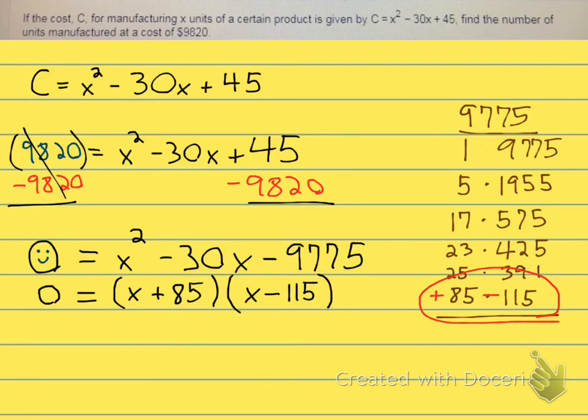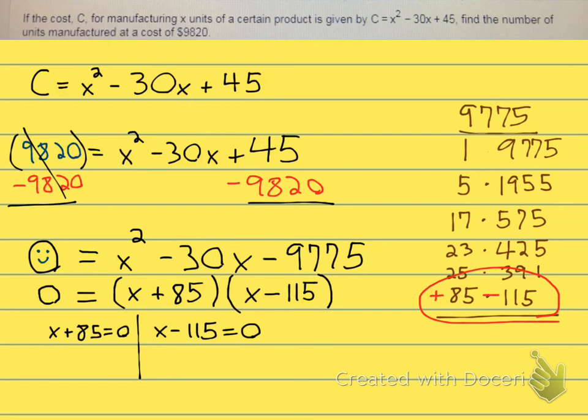All right, so step 1, set it equal to 0. Step 2, factor. And then the next step is to set all of your factors equal to 0. So x plus 85 can be 0, and x minus 115 can be 0. Because if we have 0 times anything, it's going to be 0.